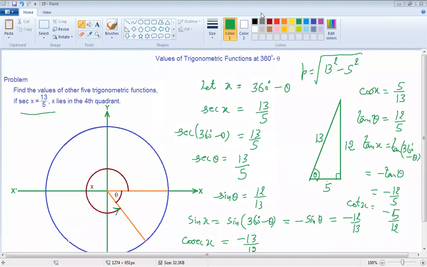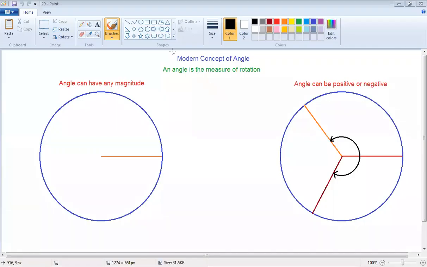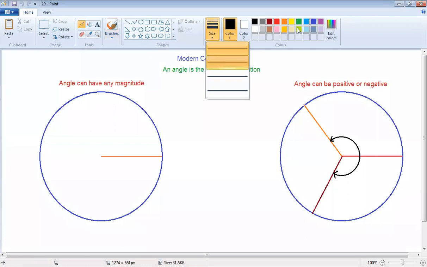So I am closing the screen. Sharing the next screen. Is this visible?